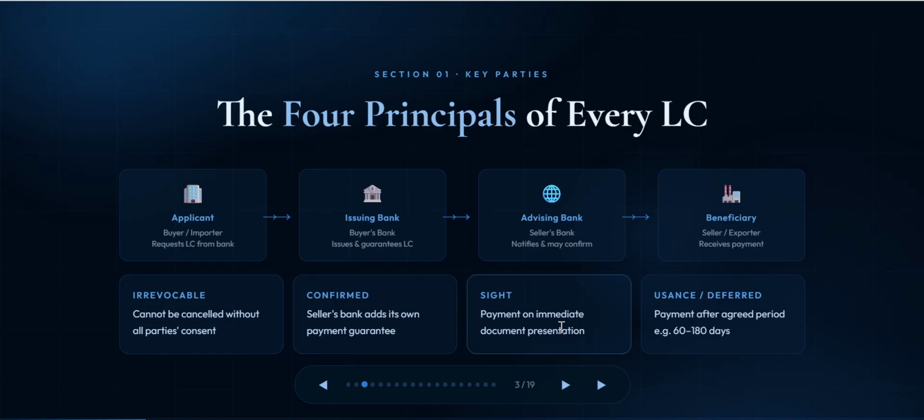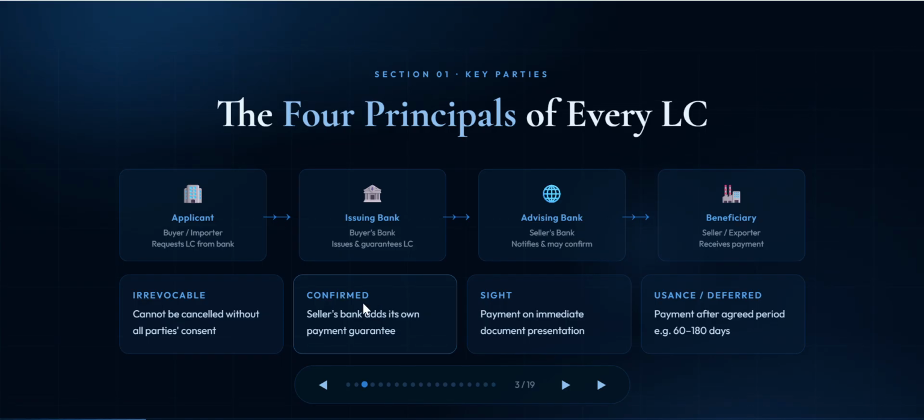Then you have sight, confirmed, and usance and deferred LCs. Confirmed LCs are nothing but, in addition to the applicant's bank or issuing bank, the advising bank or the negotiating bank at the seller's place will also add a guarantee, a kind of undertaking, in addition to the issuing bank's undertaking. That's what is called a confirmed LC.